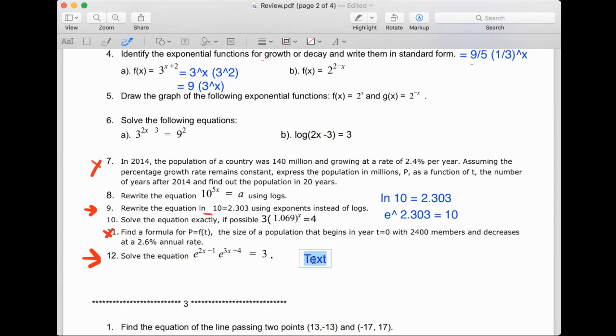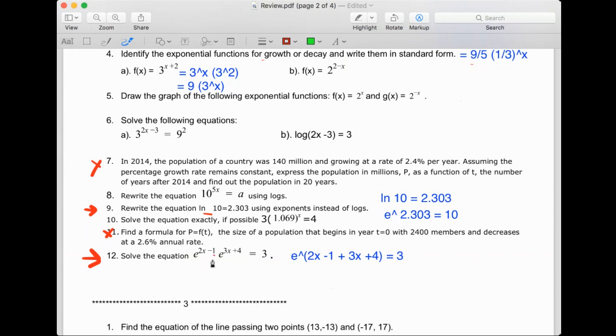We have e to, so this is nothing here. That means multiplication, right? So when we multiply two things and the bases are exactly the same, we can combine the exponents. So we write e raised to 2x minus 1 plus 3x plus 4 equals 3.